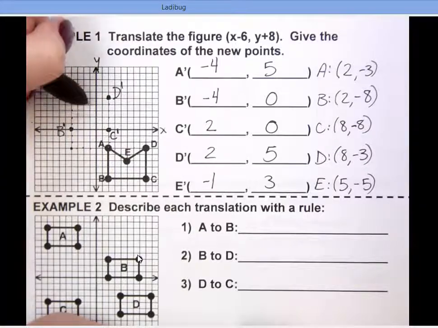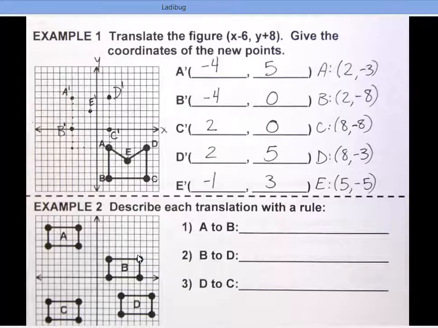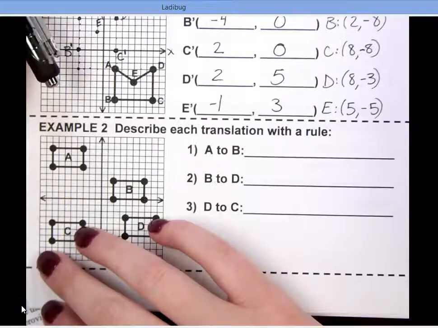So that's negative 1, positive 3. And we have all of our values now.